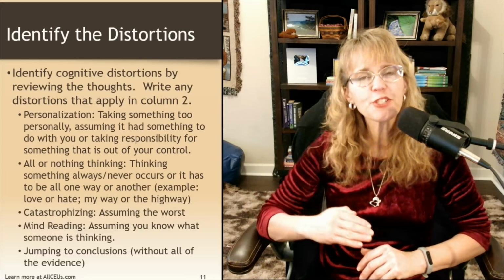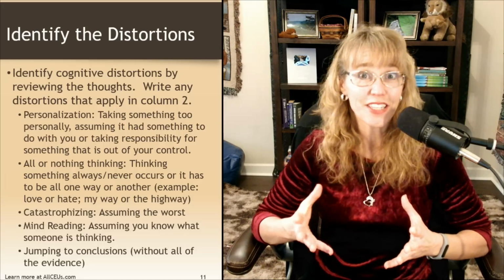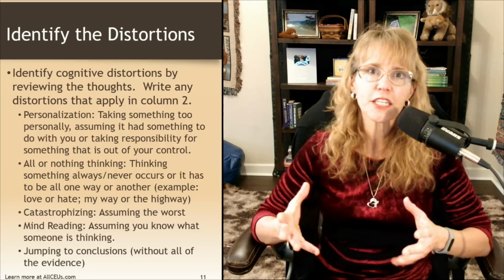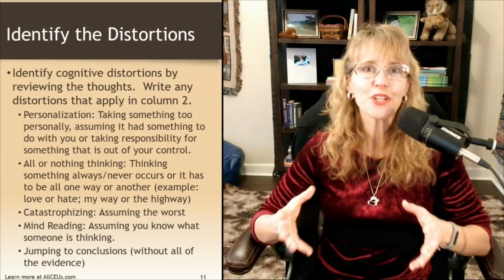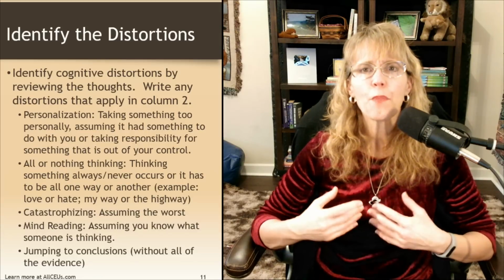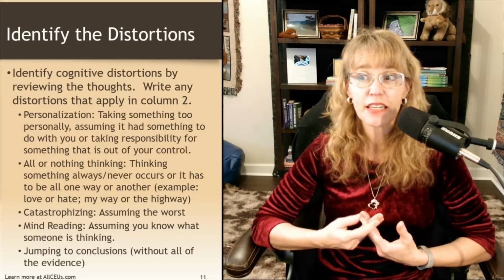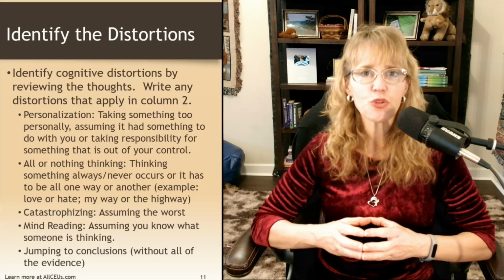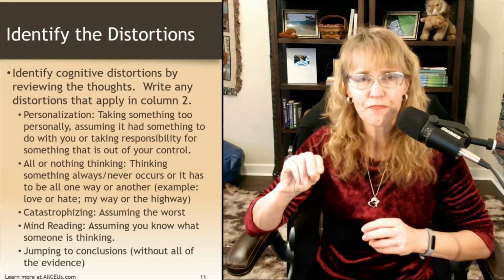So once you have all those thoughts written down, you're going to identify the distortions. And we've talked about cognitive distortions or unhelpful thoughts in multiple other videos. So I'm not going to spend a lot of time on them here. But it's important for you to review each thought and write any distortions that apply to that particular thought in the second column.